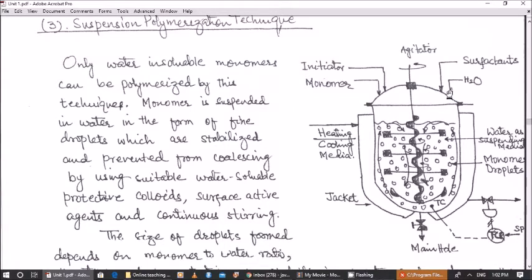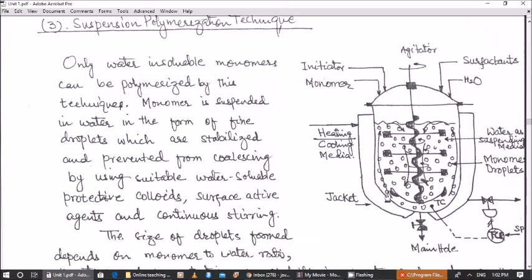Then surfactant is added to reduce the surface tension of the water, and monomer and initiators are mixed together and added to the aqueous media. By the continuous rotation of the agitator, the monomer gets converted into small droplets and they are suspended in the water media in the form of monomer droplets.